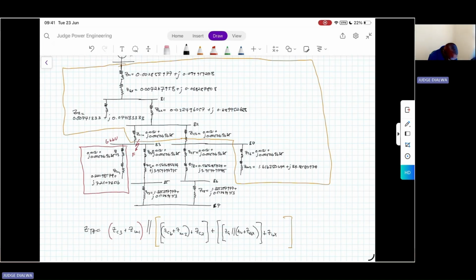And then all of this, so this bracket, will be in series with cable 1.